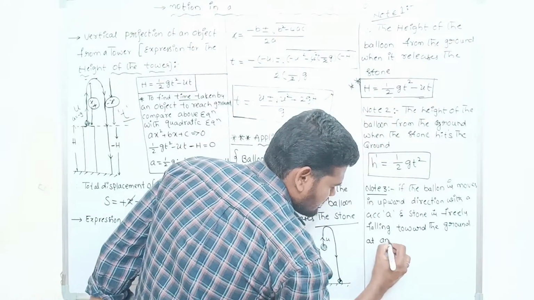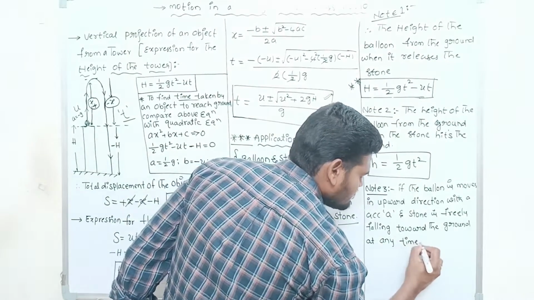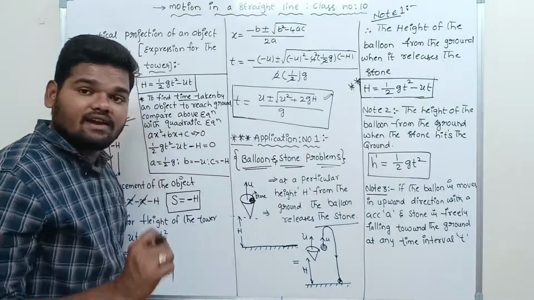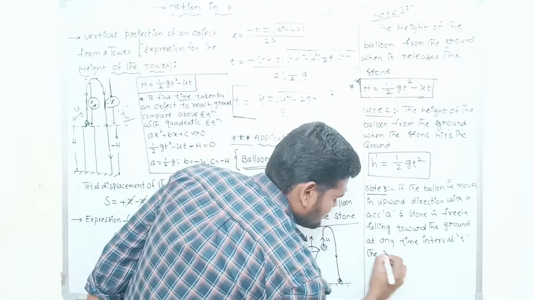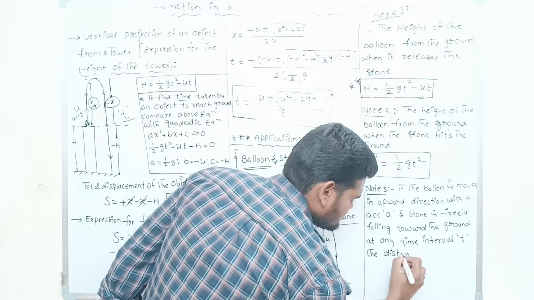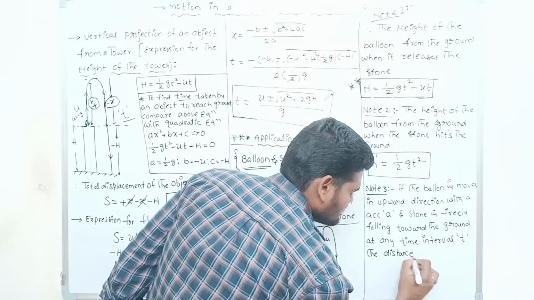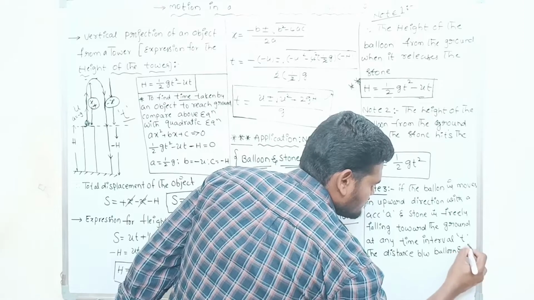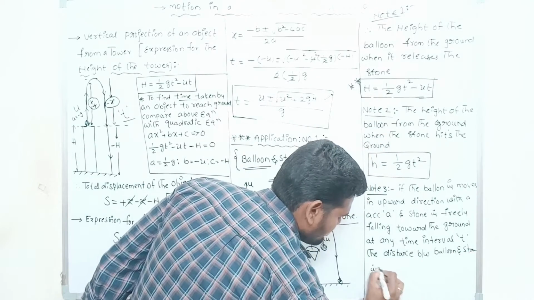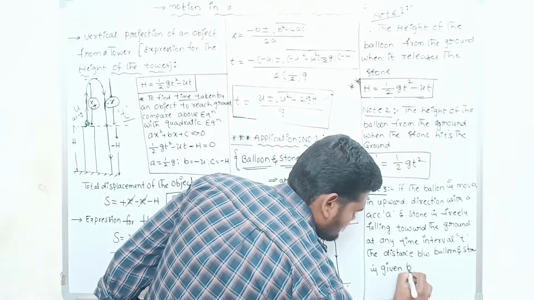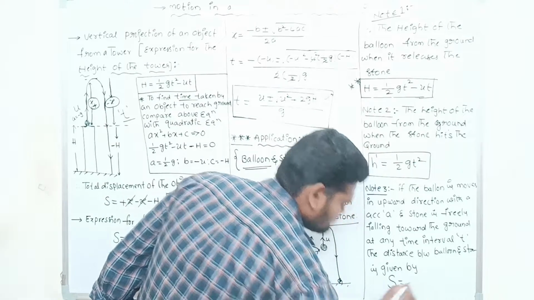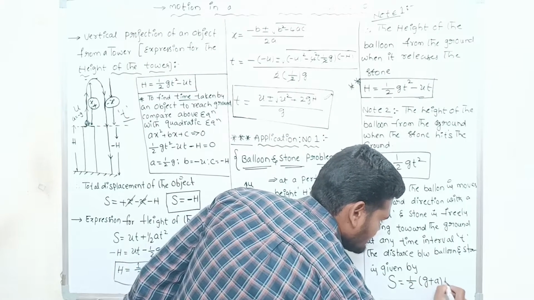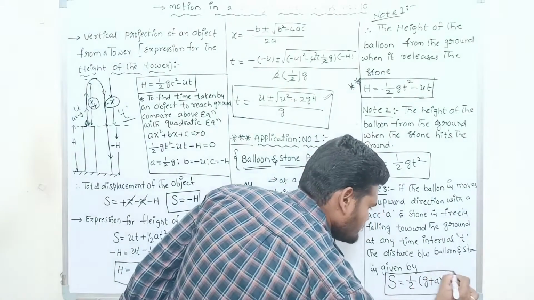at any time interval t, the distance between the balloon and the stone is given by s is equal to half g plus a into t square.